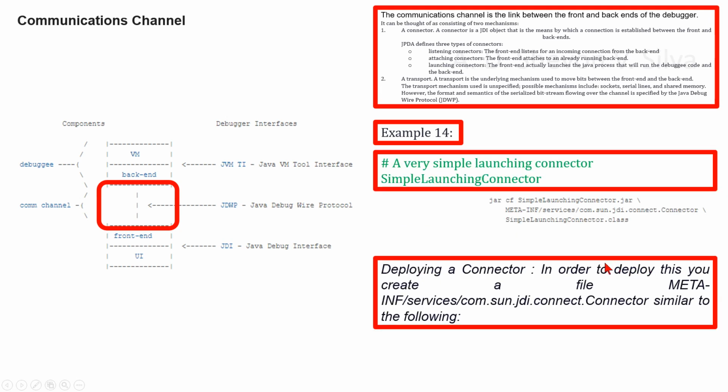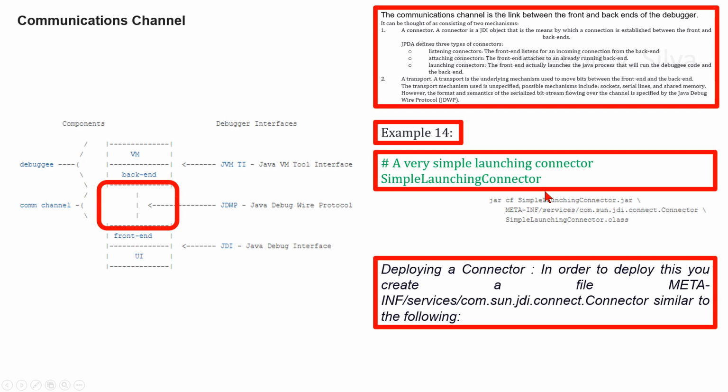Now we are considering deploying a connector. In order to deploy this, you create a file META-INF/services/com.sun.jdi.connect.Connector similar to the following.